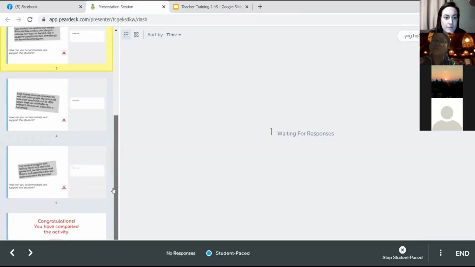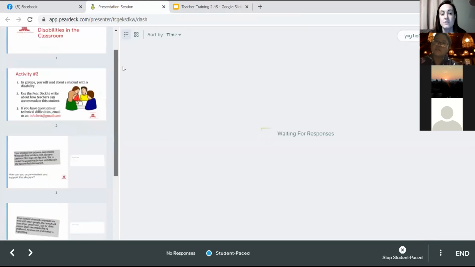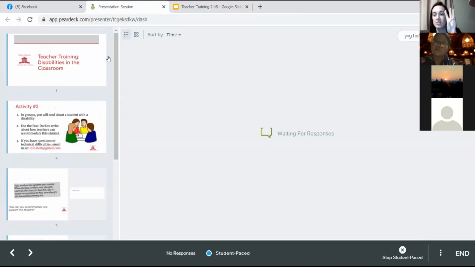In your groups, one person will share their screen and then work together to write how you could accommodate that student as a teacher, and make sure to do all 3 of them. You have 10 minutes to complete this. There are 18 people, so I'm going to put you in groups of 3.